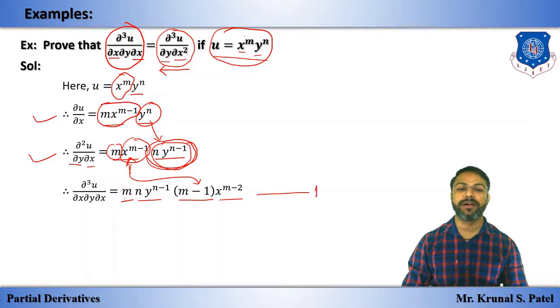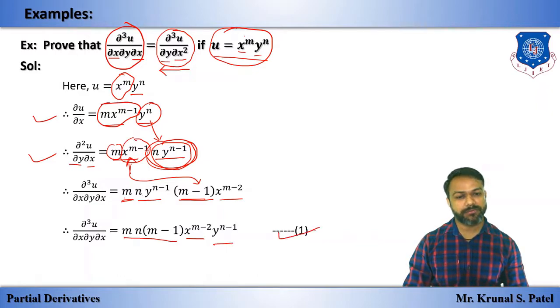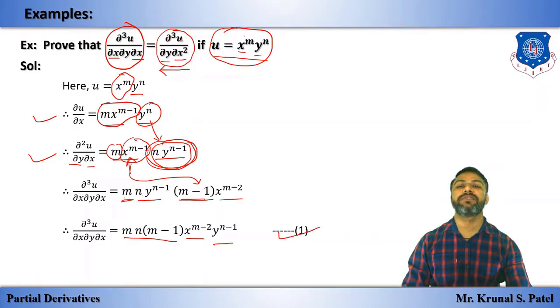Say this is equation number 1. Before writing, we rearrange the terms: m, n, and m minus 1, all these three constants are taken together, then we write the term in x, and then the term in y. Say equation number 1. In the same way we will find this, that is 2 times with respect to x, and then 1 time with respect to y.